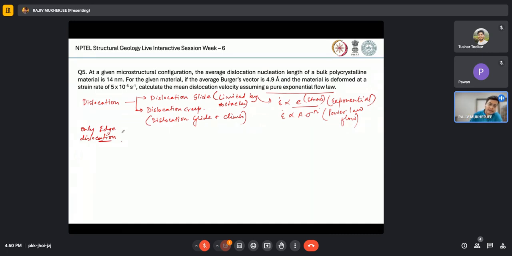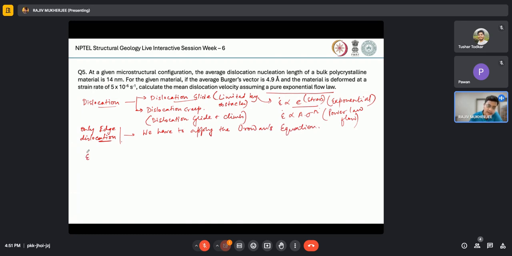So based on these assumptions, that a pure exponential form means dislocation glide, and the assumption is that it's edge dislocation, if we want to estimate the dislocation velocity, we have to apply Orowan's equation. So what is Orowan's equation?